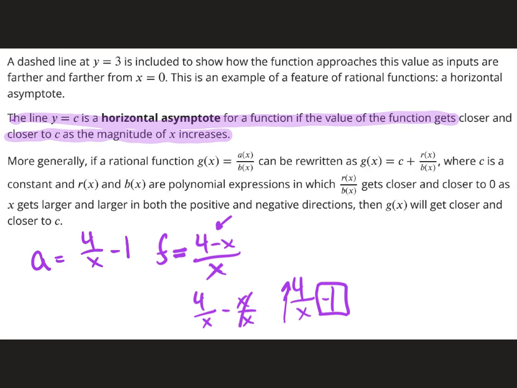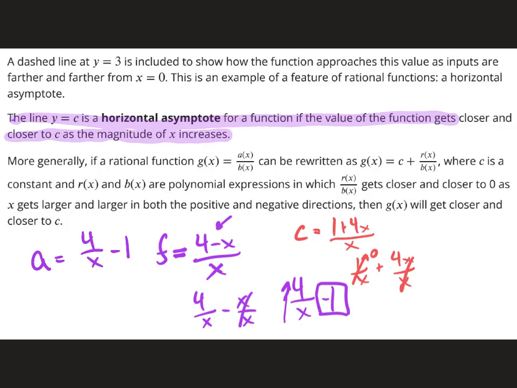Let me do that in a different color. Let's do this in red. C was 1 plus 4x over x. If I separate them, I get 1 over x, which goes to 0 as x gets bigger. We're talking about end behavior. 4x over x, if you cancel out the x's, you're left with 4.